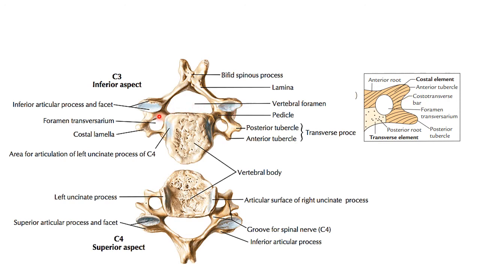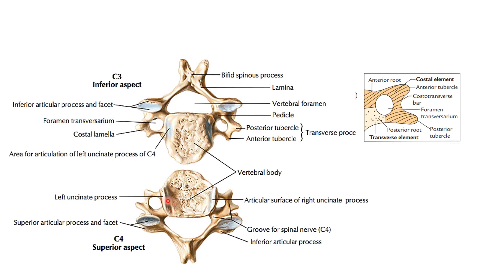Coming to the transverse processes. The transverse processes are small and they are pierced by a foramen. This foramen is called the foramen transversarium or transverse foramina.